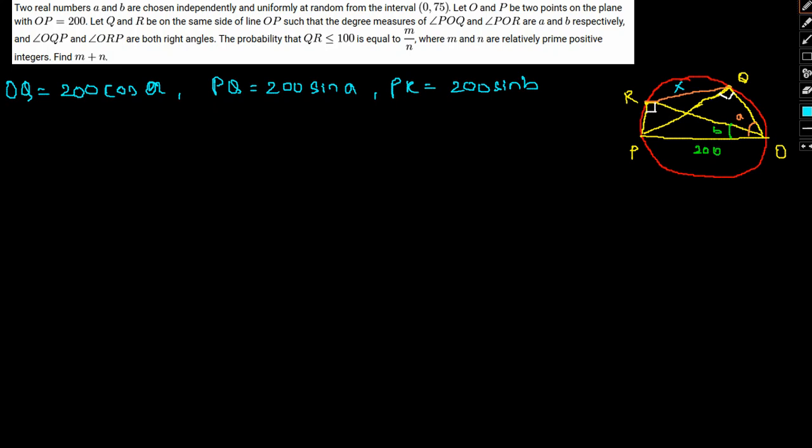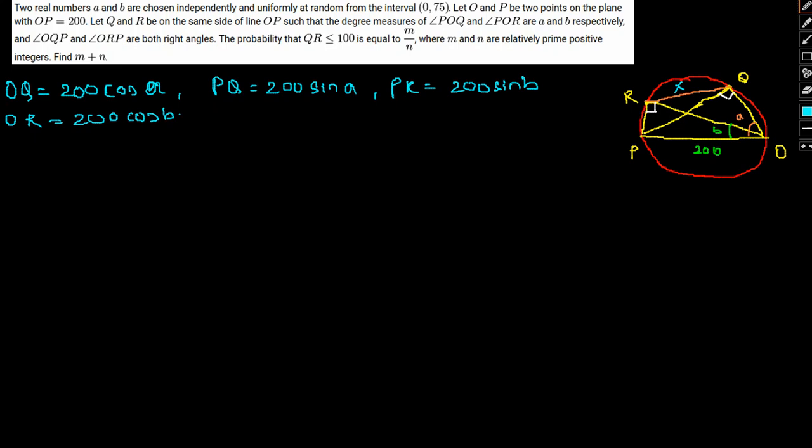Therefore PR will be 200 sin b. And finally, the last one, OR, will be 200 cos b.